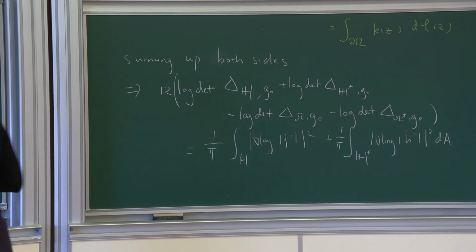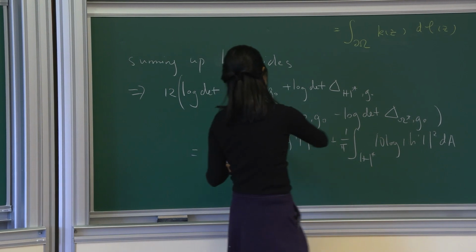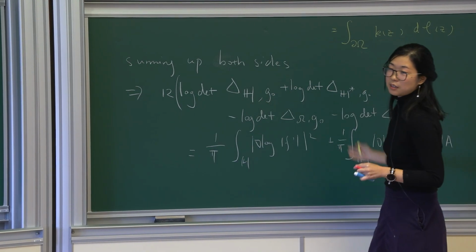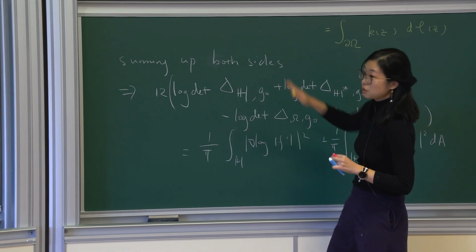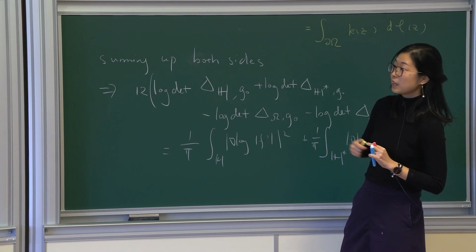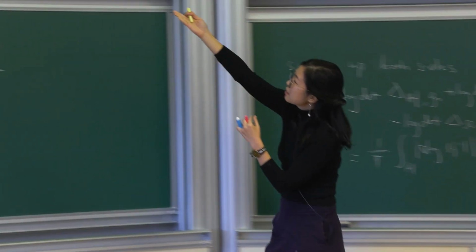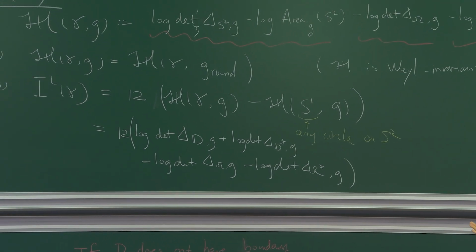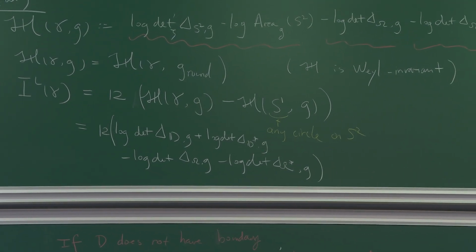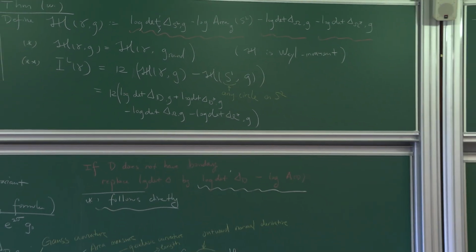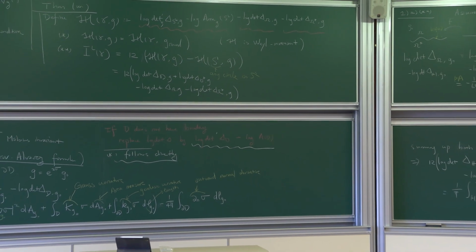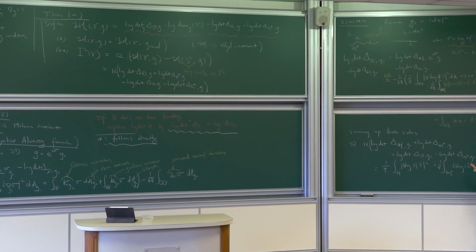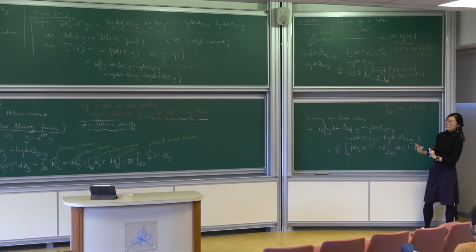So I think this is maybe the simplest way to go from here to the determinants of Laplacian. And also, you know that this determinant of Laplacian is a Weil invariant. I think this proof is not too far from being true.